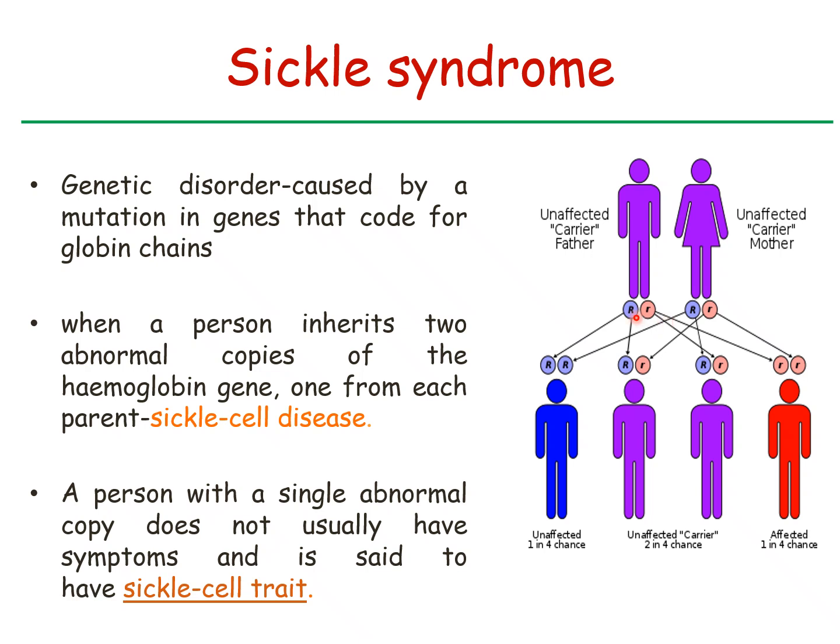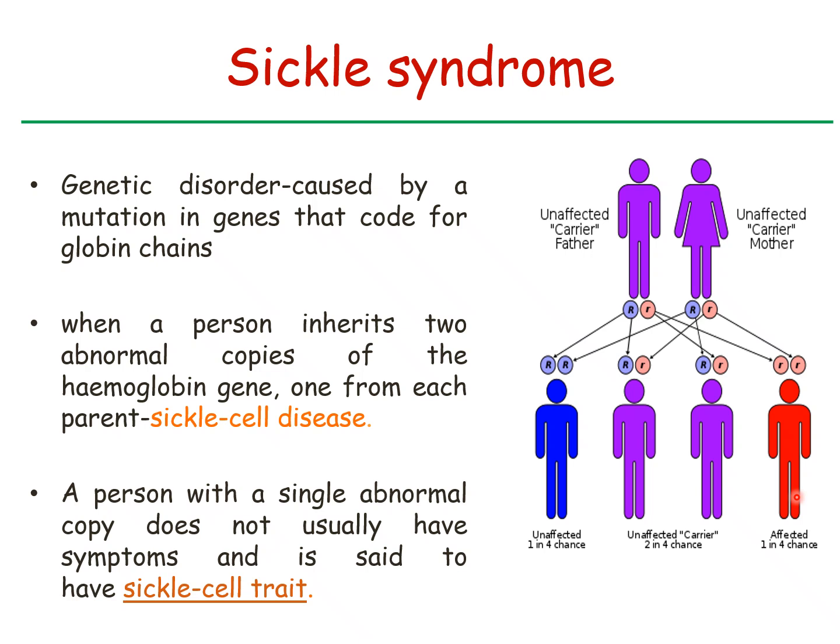When they join together, unaffected 1 in 4 chance, carrier 2 in 4 chance, but in some cases in the next generation, an affected child 1 in 4 chance will be born. So the father or mother may be carriers without symptoms.